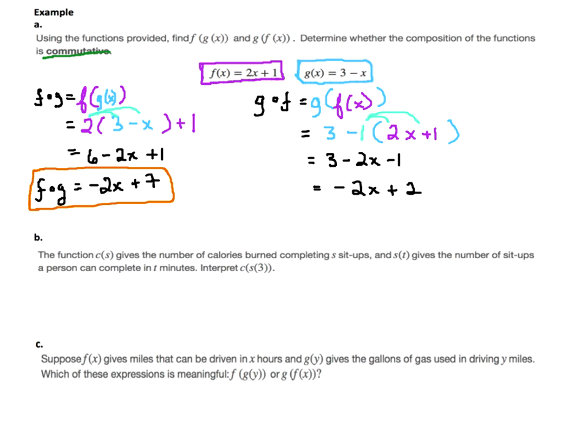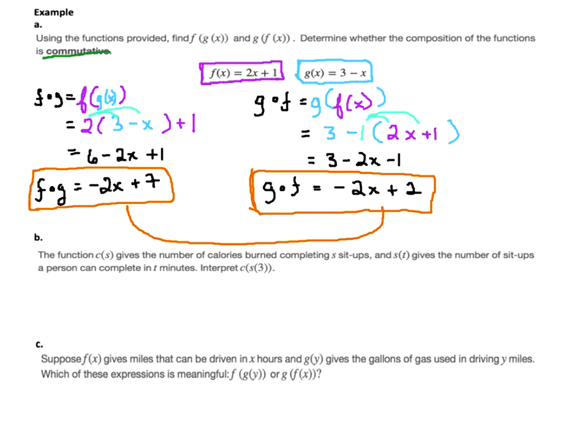Okay, so let me label this. This is g composed with f. All right, so the question is, is this operation of composition commutative? In other words, did you end up with the same thing when you composed f with g as when you composed g with f? I'll just remind you of the commutative property.